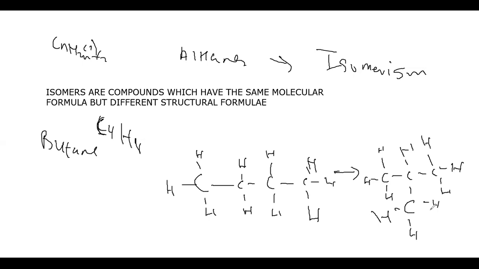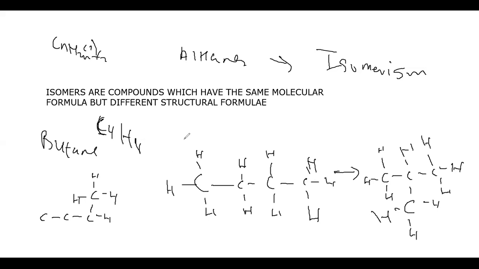Another way we could have done this is we could have put a C on this carbon right here. We could have done C, C, C, and then put this right there. All right. You could have also done that and put in your hydrogens. Okay, and so the book wanted you all to know about isomers.